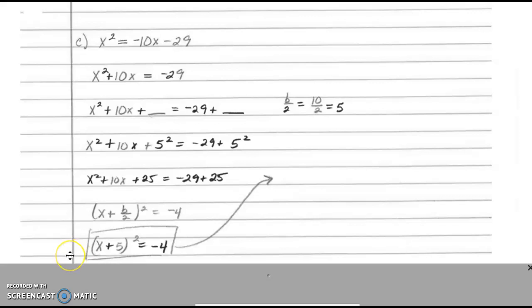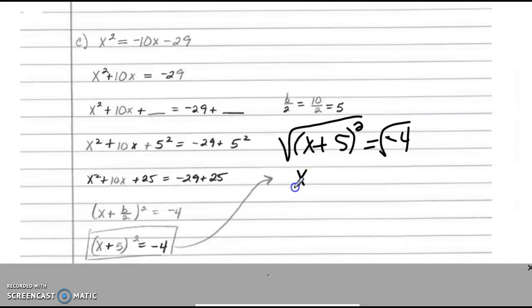Okay, so now to solve, we've got this x plus 5 squared equals negative 4. We have to undo the square, so we square root both sides. And that gives us x plus 5 equals the positive and negative square root of a negative 4.